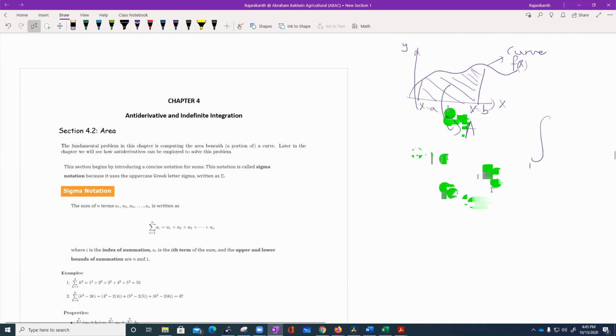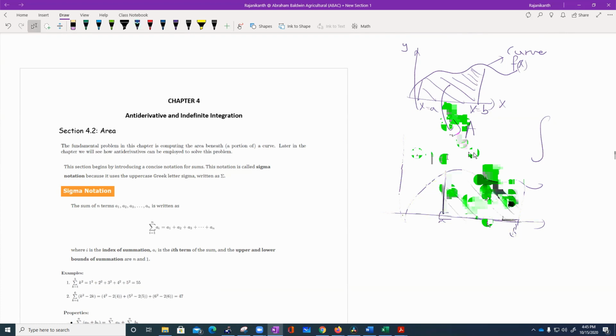This is the idea. If you want to find the area of the curve from A to B, you need to chop up the given interval. You are asked to find the area of this curve from A to B, right? What are we doing?